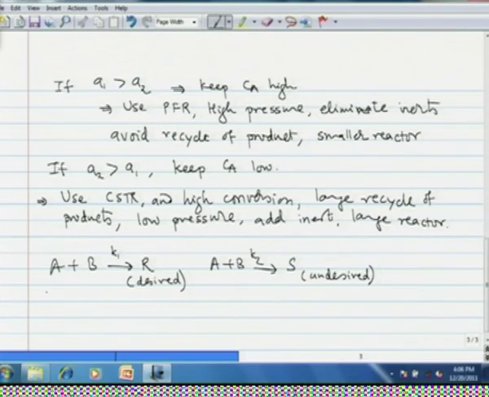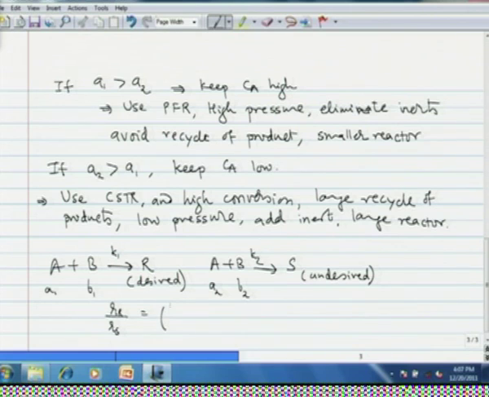Let us say the order of reaction, first reaction with respect to A is A1, with respect to B is B1, and then for the second reaction the order with respect to A is A2 and order with respect to B is B2.